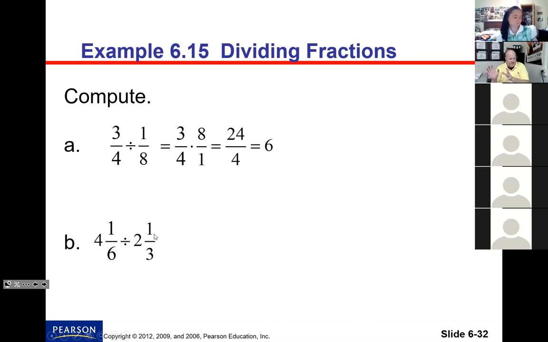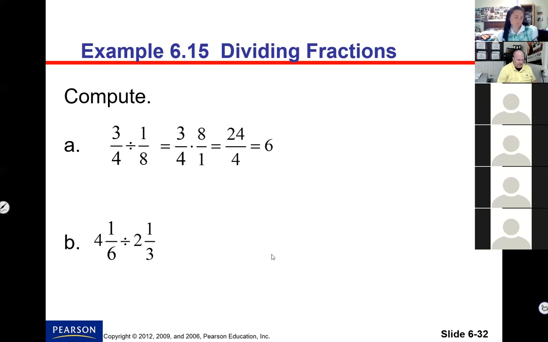Before we do anything about multiplication, we want to change them both to improper. So what's the rule again? What do we do with the 6? Times it by 4 and add 1, right? What do we do with the 3? Times it by 2 and add 1. Perfect. I think Eric just threw that in chat, didn't he? Yeah. There we go.